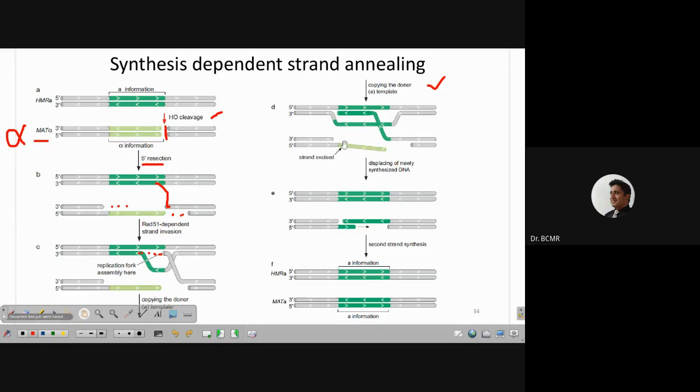The other alpha strand present here will be excised and removed. What you have now is a new synthesis of the DNA strand, and that is how two strands of A information are made at the mat A locus, the only expressed locus. This is called mating type switching.